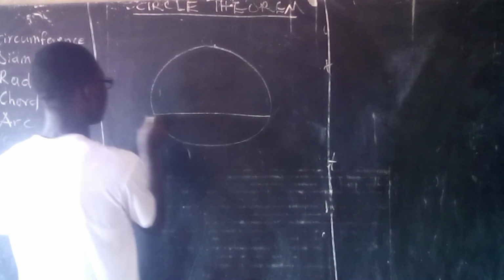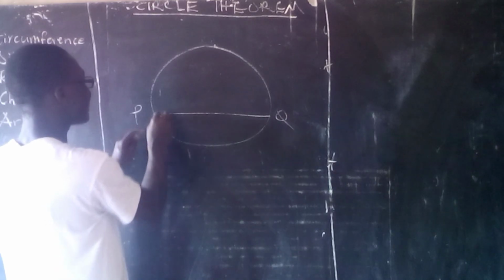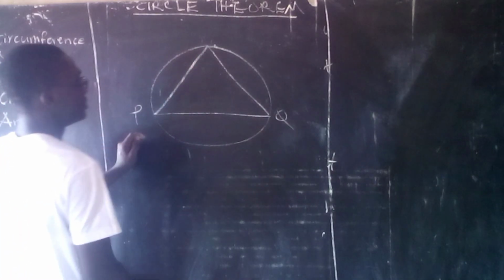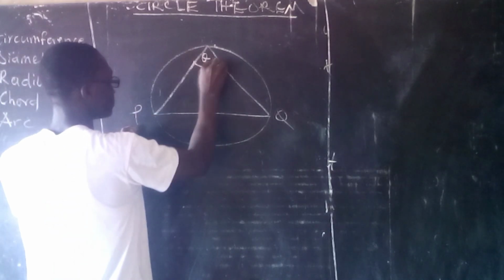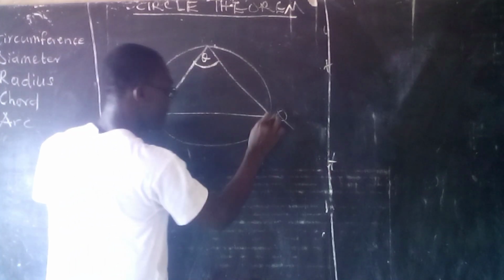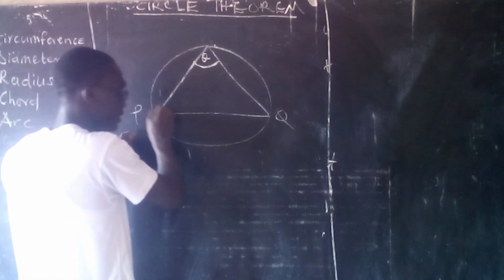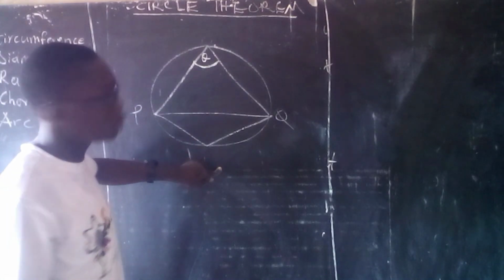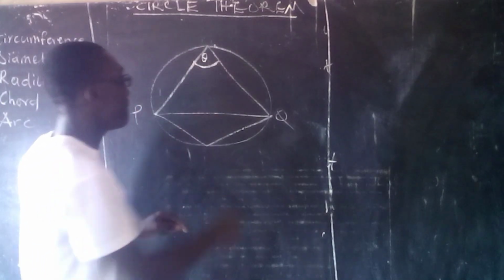So let's say this chord, the chord PQ or the arc PQ, subtends an angle to the circumference of the circle. Let's call the angle theta. This same chord PQ subtends an angle to the circumference of the circle in the opposite segment. So the first angle theta is in the major segment.